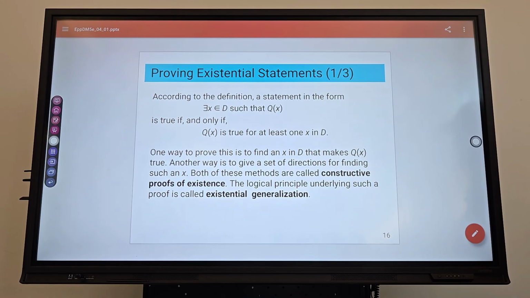Another way is to give a set of directions for finding such an x, and both of these methods are called constructive proofs of existence. The logical principle underlying such a proof is called existential generalization.